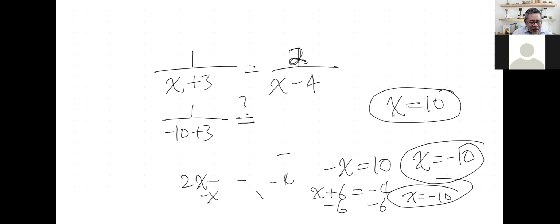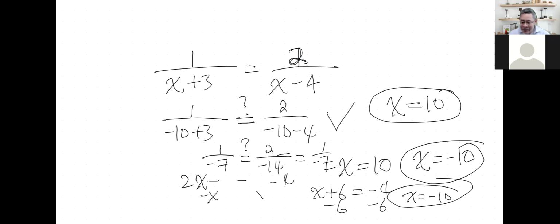That's 2 over negative 10 minus 4. And on the left is 1 over negative 7. On the right is 2 over negative 14, which is indeed 1 over negative 7. So that's the correct answer. Yeah, good.